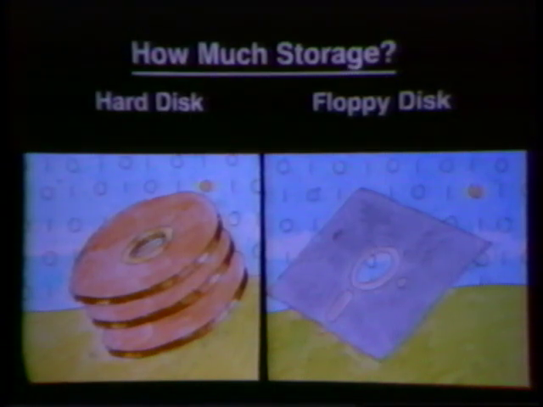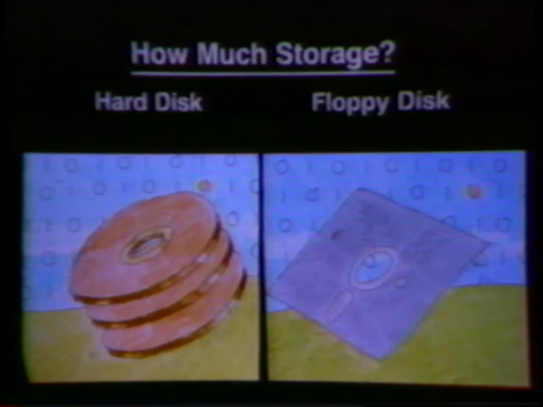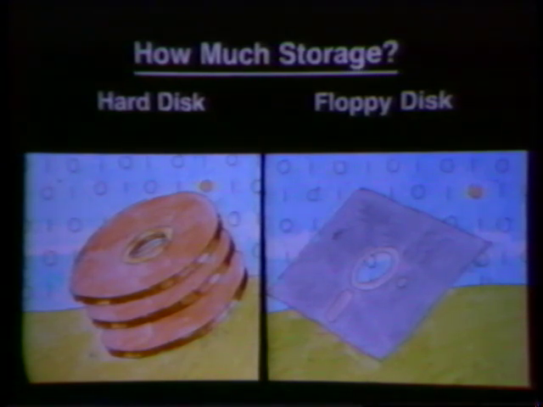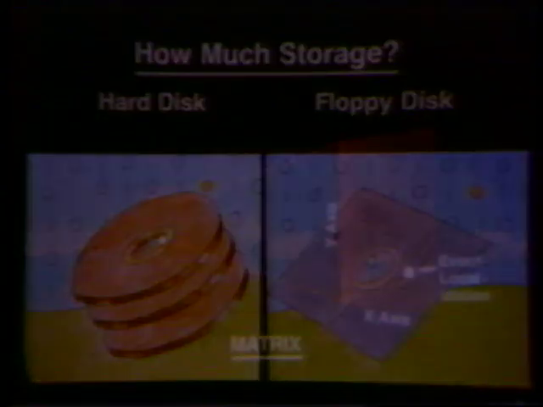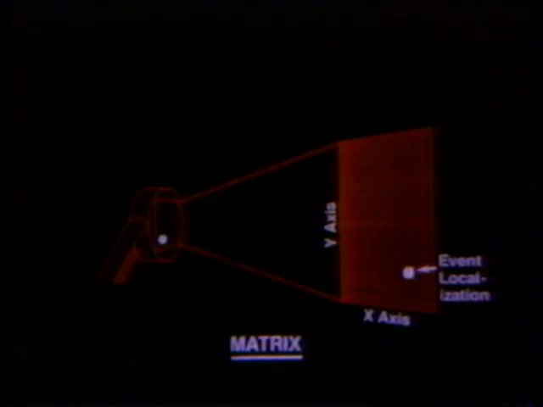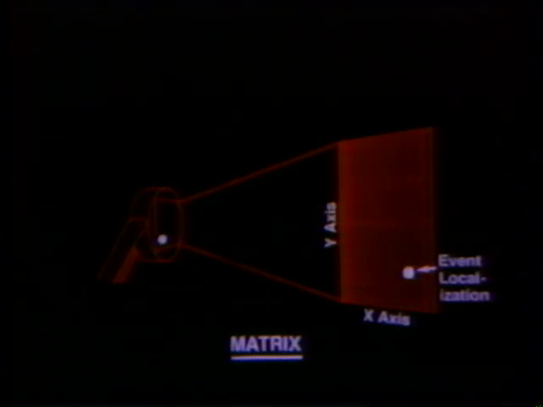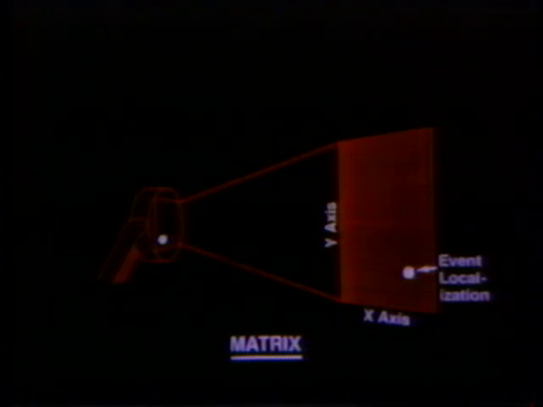One of the questions that often comes up when discussing the various types of computer storage devices is, how many images can I store on a disk? To answer this question, we must first understand the various matrix sizes available in the computer. You'll remember that the image is built up in the computer memory by arranging the many memory locations into a square matrix.